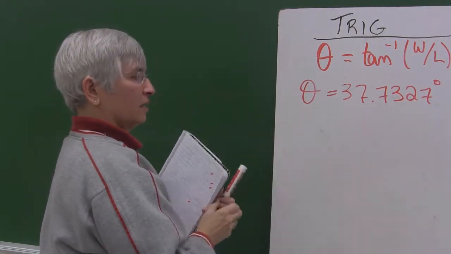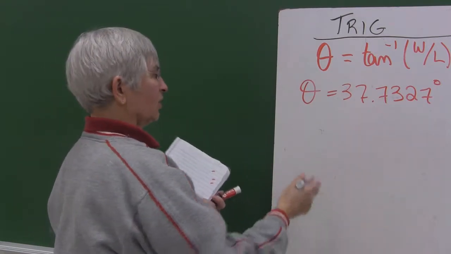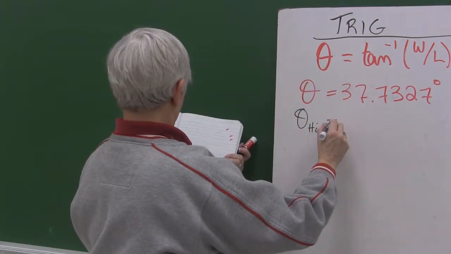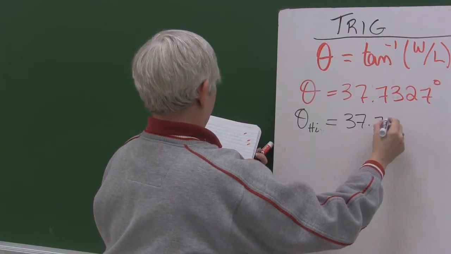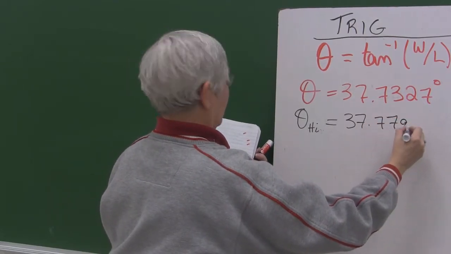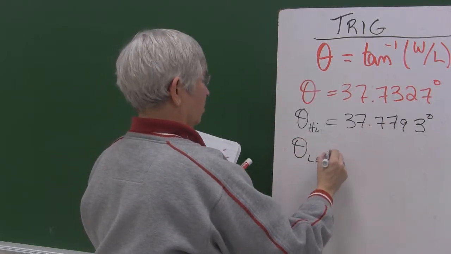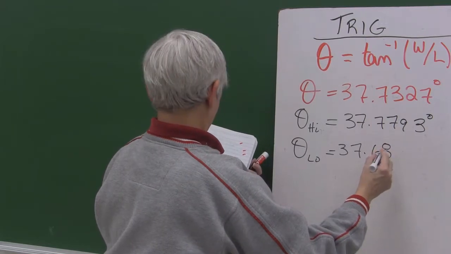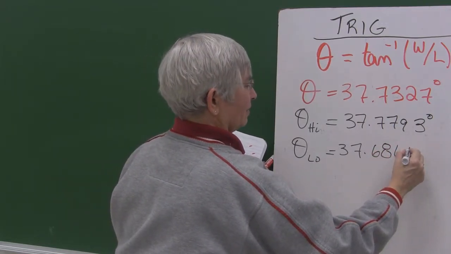Using my highest value for tangent theta, doing the inverse function on that, 37.7793 degrees. My lowest value would be 37.608.